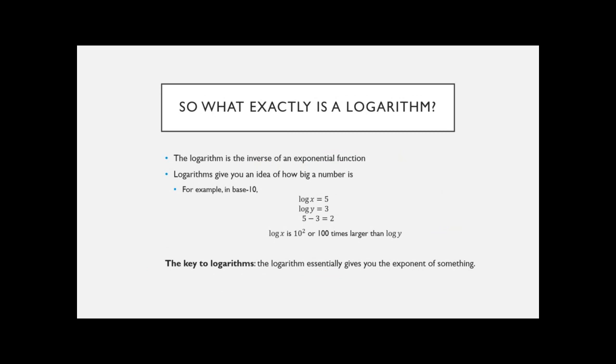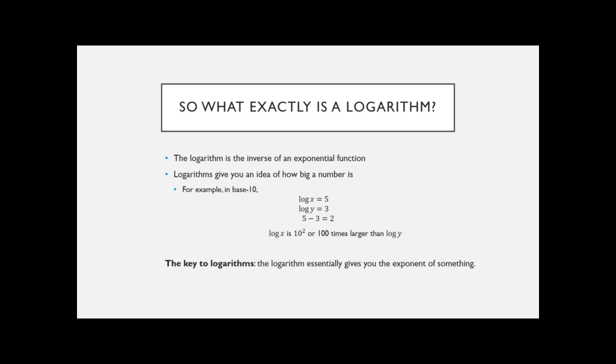So when I think of a logarithm, I think, okay, it is the inverse of an exponential. It undoes an exponent. So it's giving you the exponent, and it's giving you an idea of how big a number is.